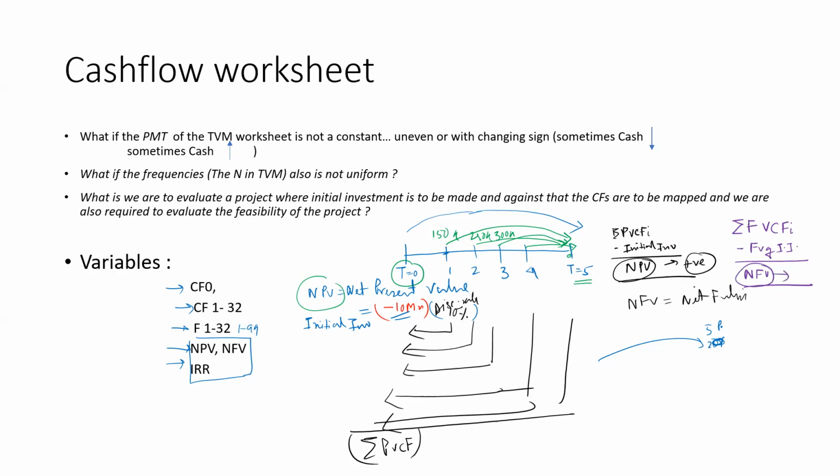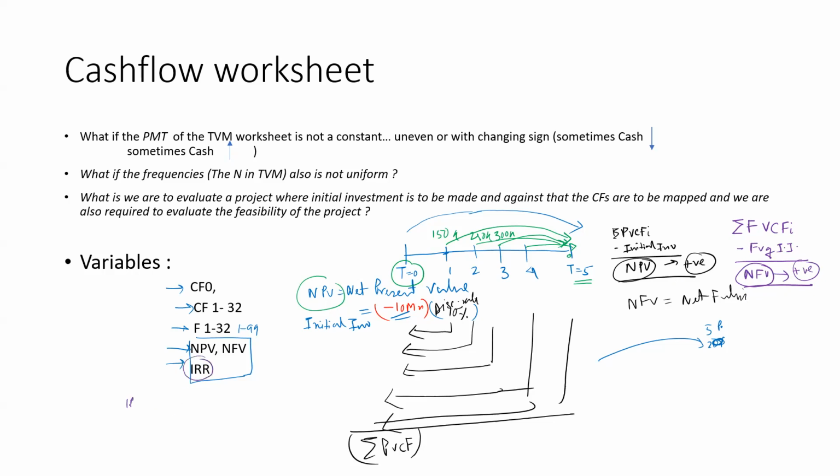The same treatment applies here as well. Whether you talk about NPV or NFV, if a project is to be undertaken, it must generate positive value. Until and unless the NPV or the NFV is a positive figure, companies or organizations usually do not take up any project.